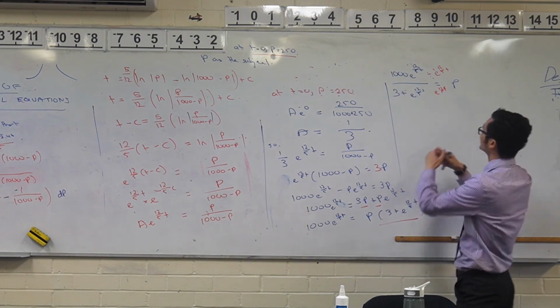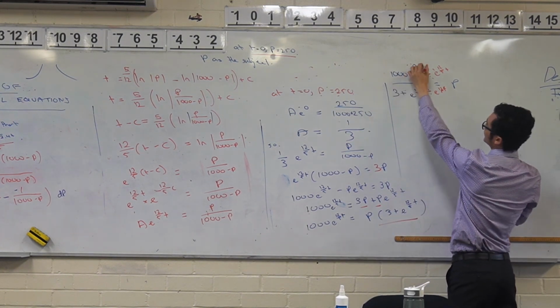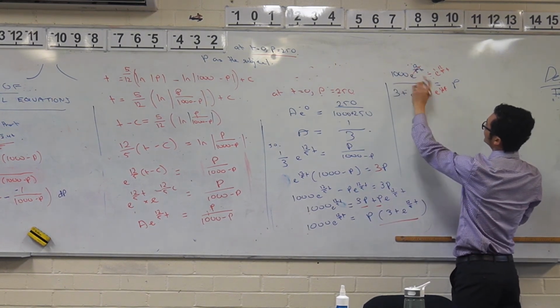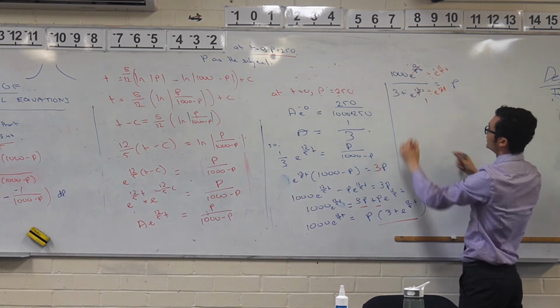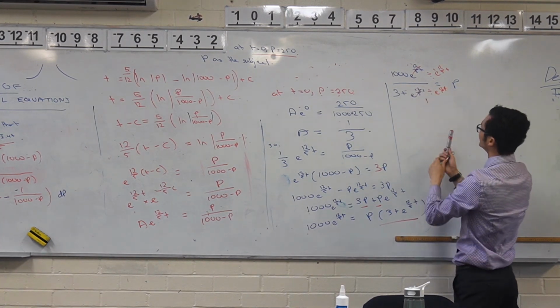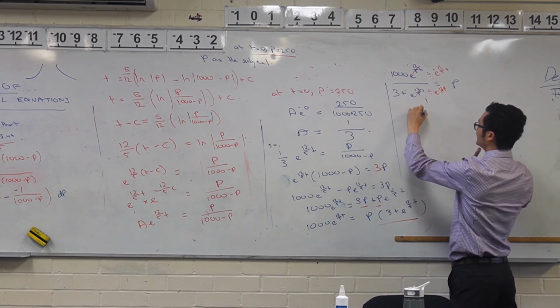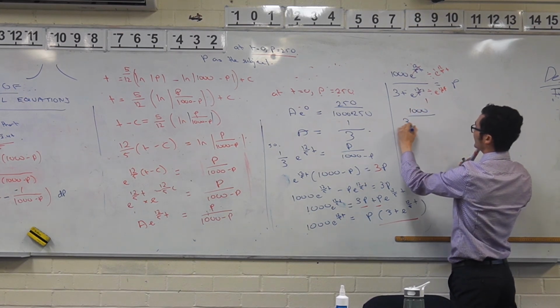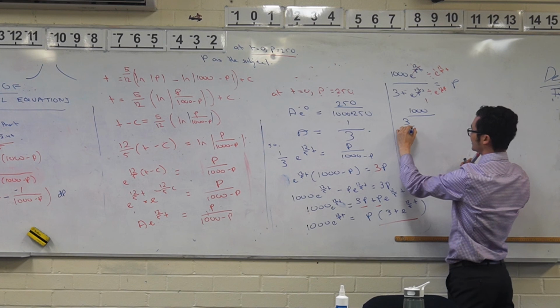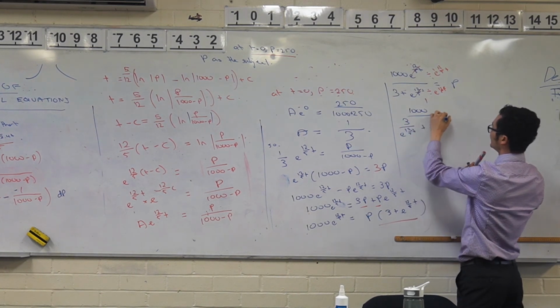If you do it this way, these will go away. That just becomes 1. Then this becomes 1,000 over 3 divided by this plus 1.